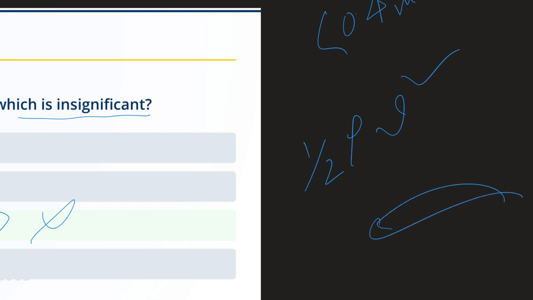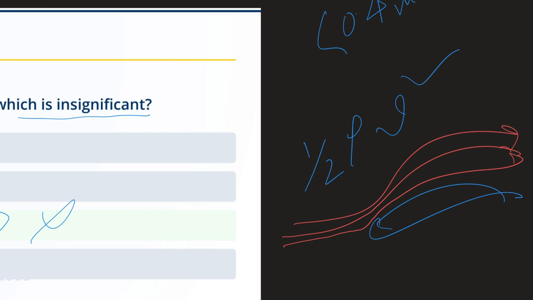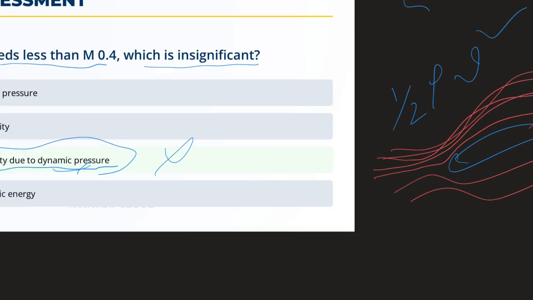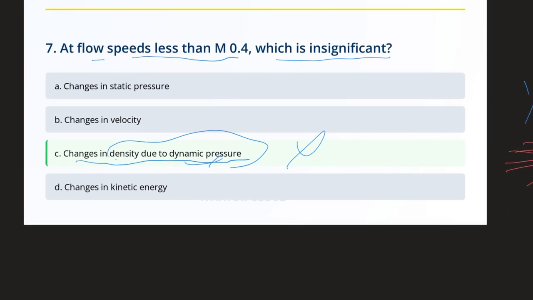With this aerofoil at higher speed, air comes here and gets compressed because of the very high speed. But your speed is low, so this compression is insignificant. That's why the change in density due to dynamic pressure is insignificant.